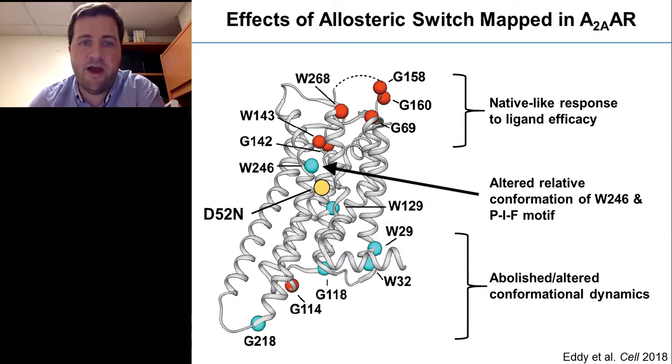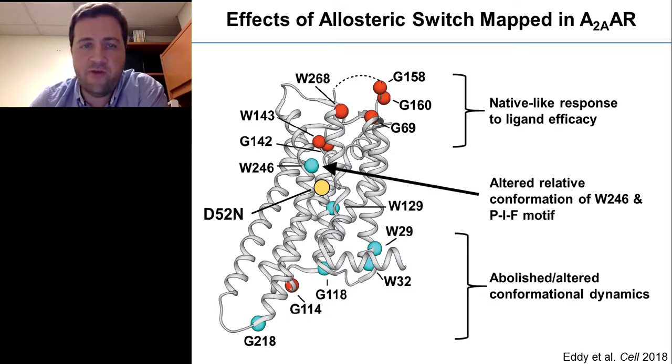In this slide, we have a summary of the effects that we see for inactivation of this allosteric switch, mapped onto the NMR probes distributed throughout the A2AAR. At the extracellular surface, we essentially see a native-like response to ligand efficacy, or no change.